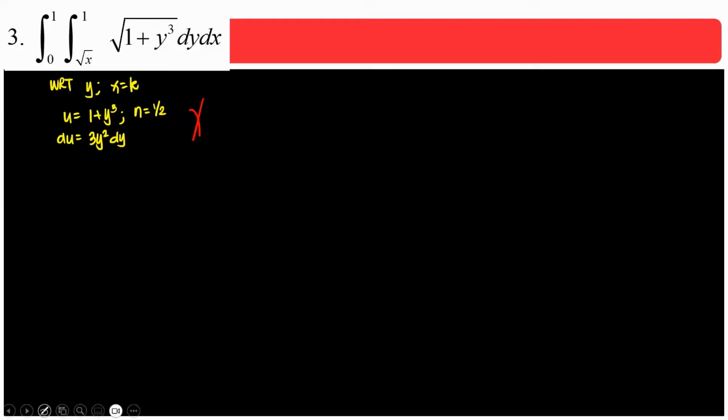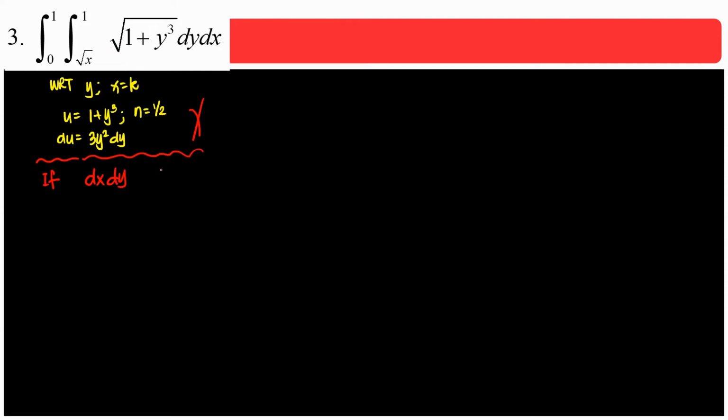So let's try to invert the order. If it's in the order of dx dy, we have to change the limits. But let's try. If it's in the order of dx dy, the whole thing will be constant. It is integrable with respect to x.